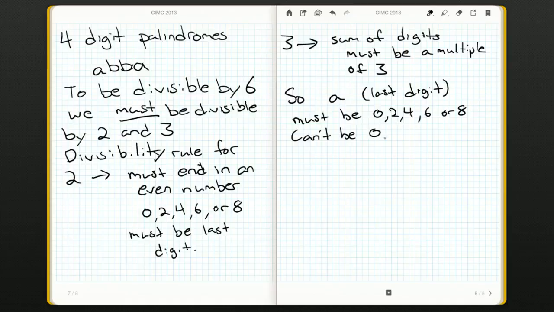So it can't be 0, since it's definitely a 4-digit number. It's not a 3-digit number masquerading as a 4-digit number. Okay, so we've got some cases to work out. So if A is equal to 2, our number looks like 2BB2. And we want it to add up to be a multiple of 3.